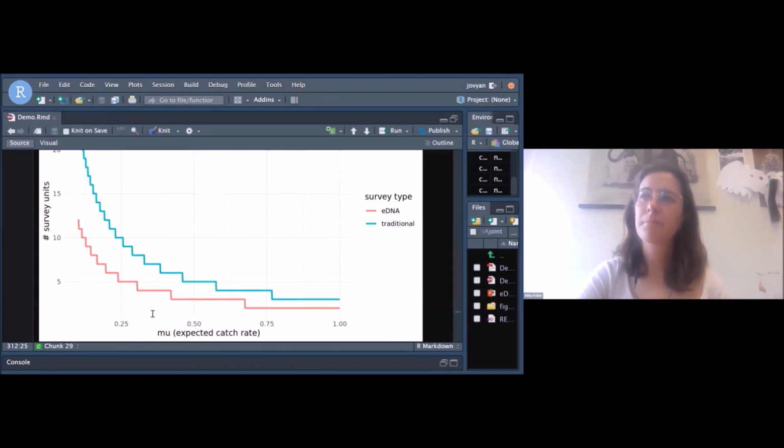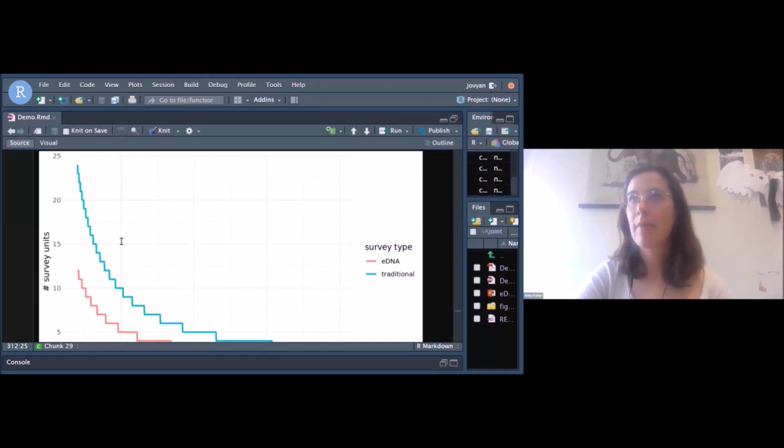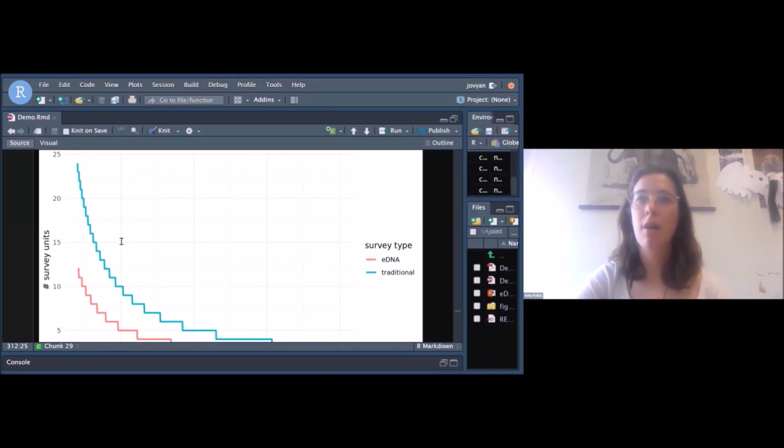So now we need fewer water eDNA samples to detect presence relative to traditional samples. This helps make the model results a little more concrete. It takes your posterior and does these post hoc calculations to help you interpret the relative sensitivities of the two survey methods.